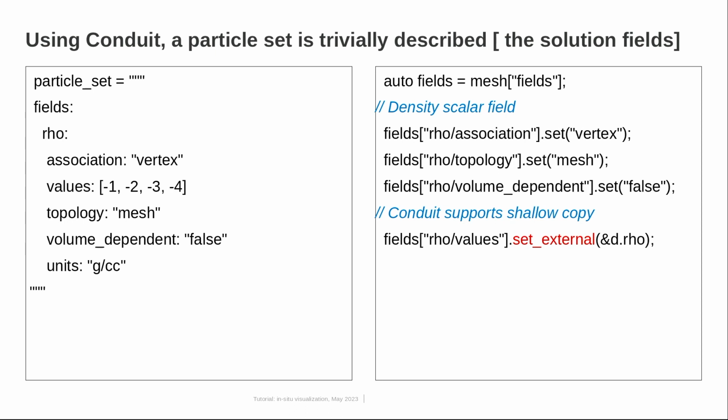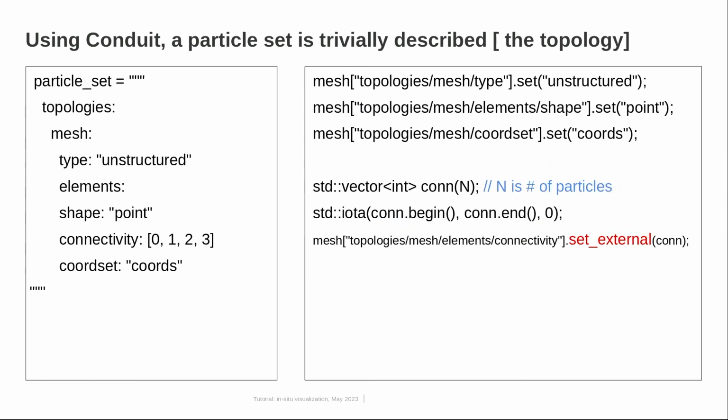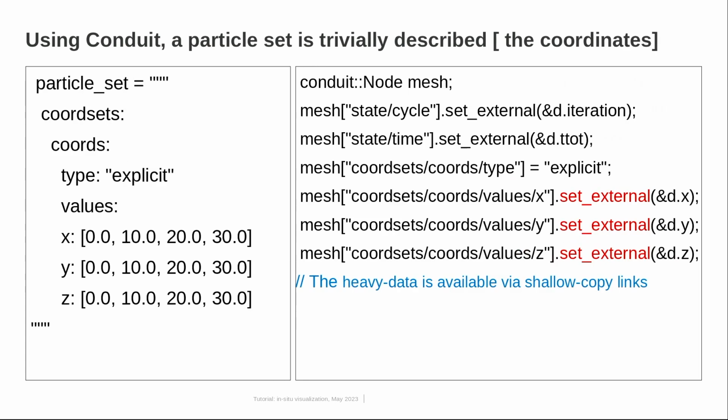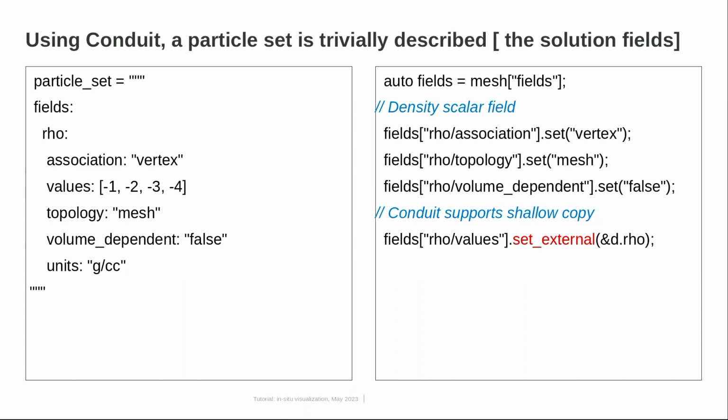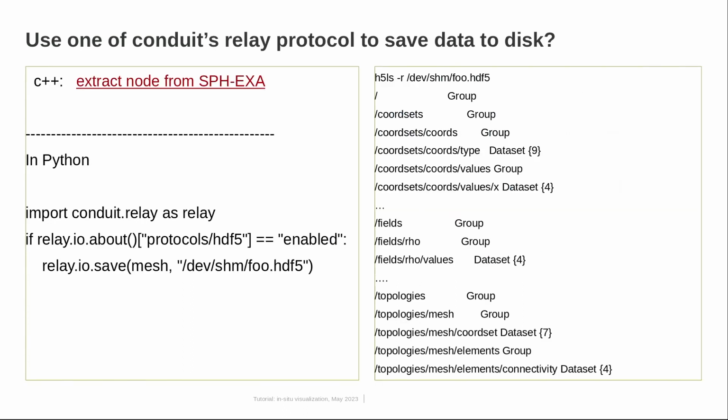This would be the YAML example again. Same thing with coordinates, yeah. And we have, oh no, I'm going backwards here. And here we have the whole thing.